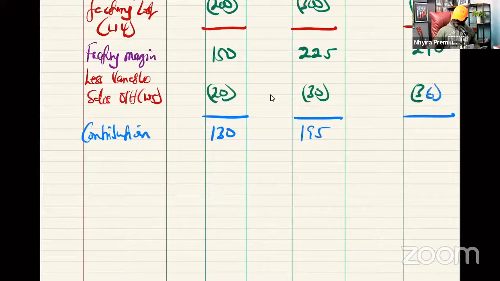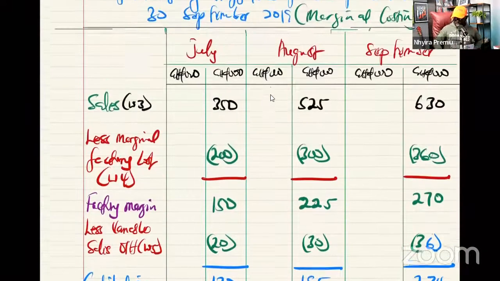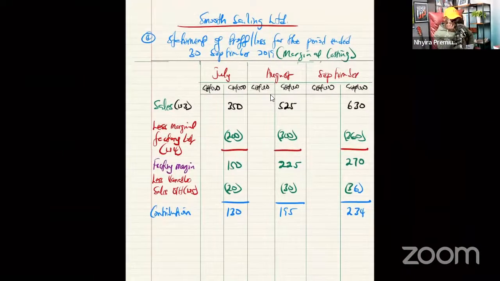So 270 minus 36, and that is 234. So this is our contribution. Sounds good?